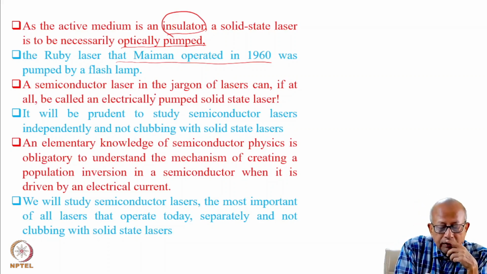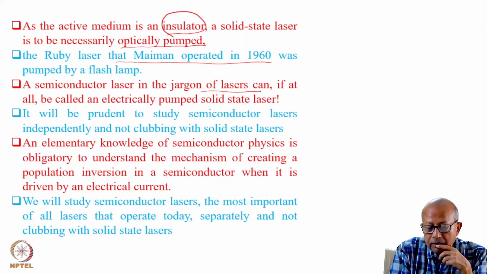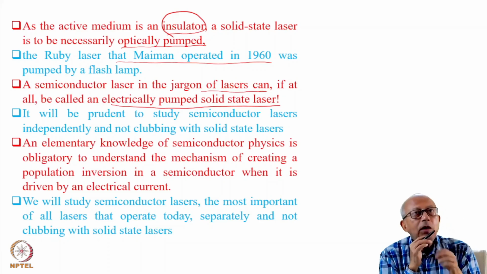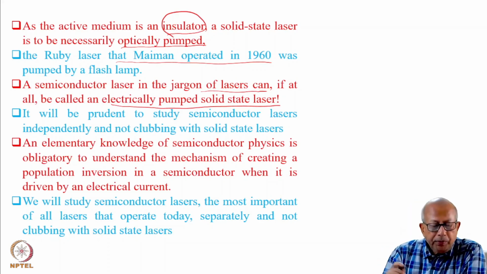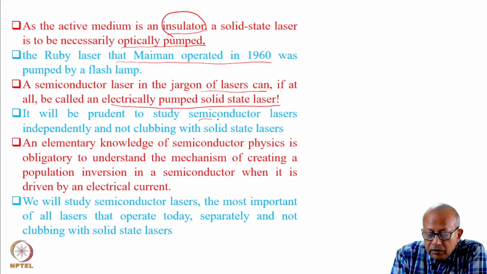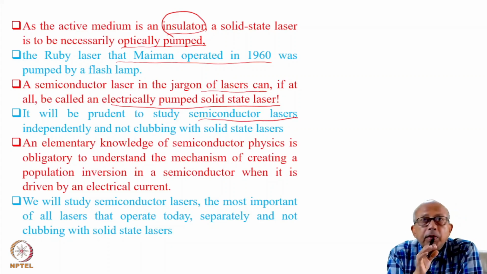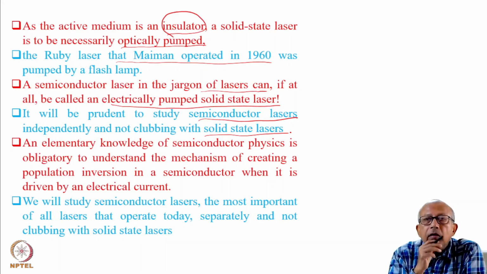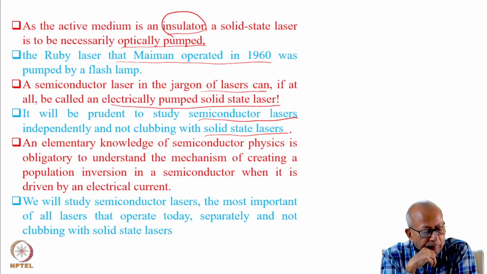A semiconductor laser, in the jargon of laser, can, if at all, be called an electrically pumped solid state laser. It will therefore be appropriate to study semiconductor laser independently and it should not be clubbed with the general solid state lasers.